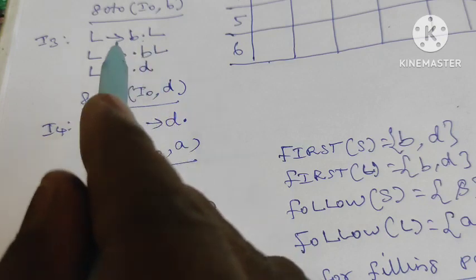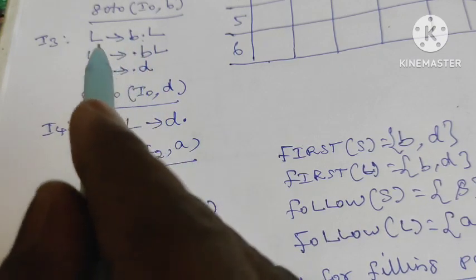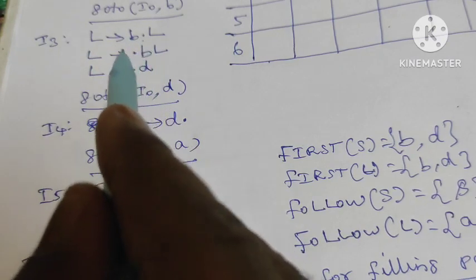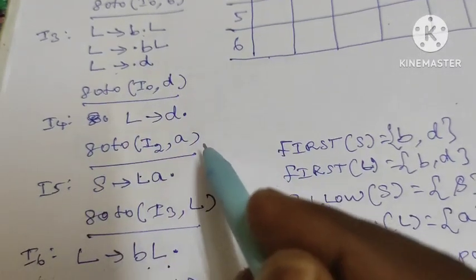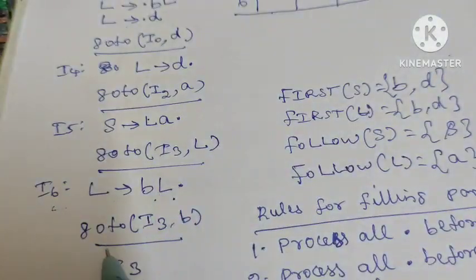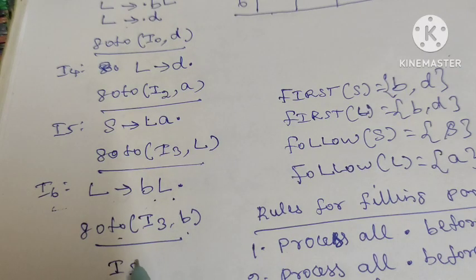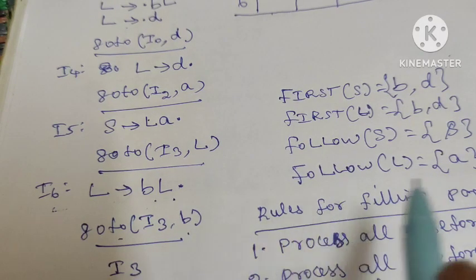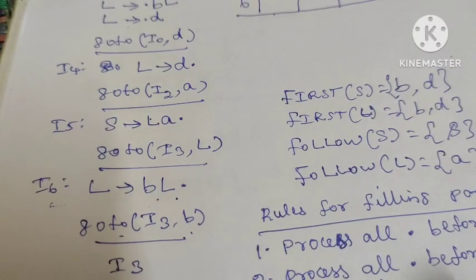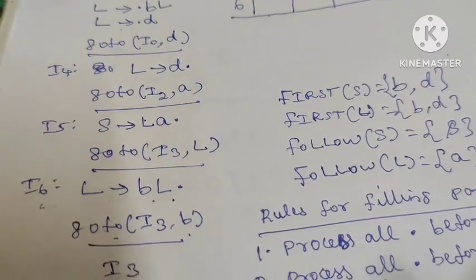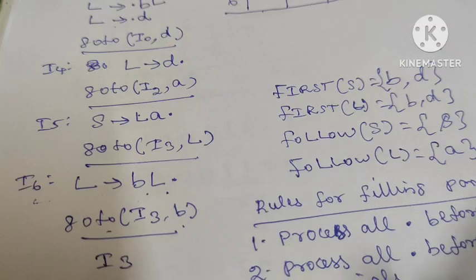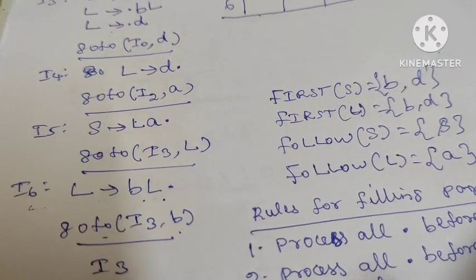We will get the same production called I3. So the I3 set is repeating now. So now when I make go to of I3 comma B, I am getting the same item set called I3. So no need to write all these item sets a second time, because it has already been named there.